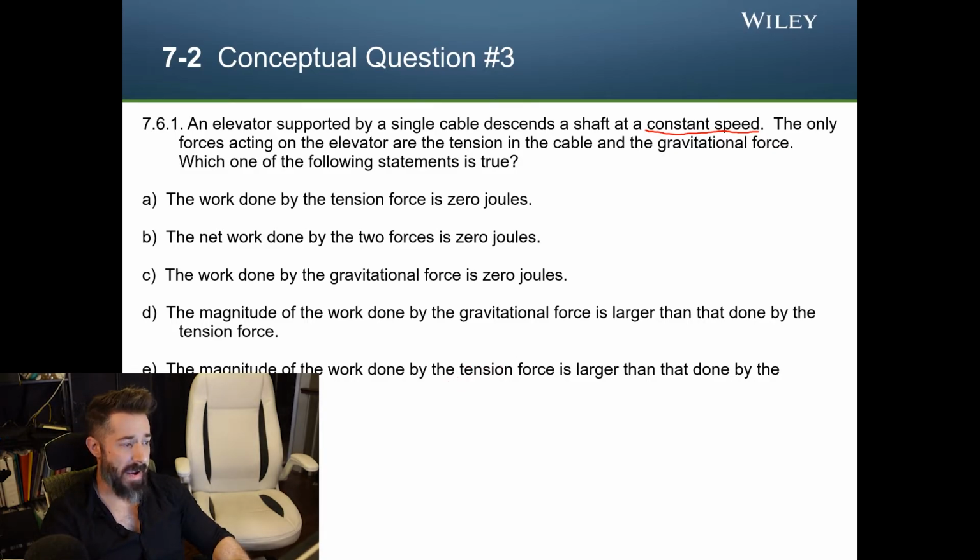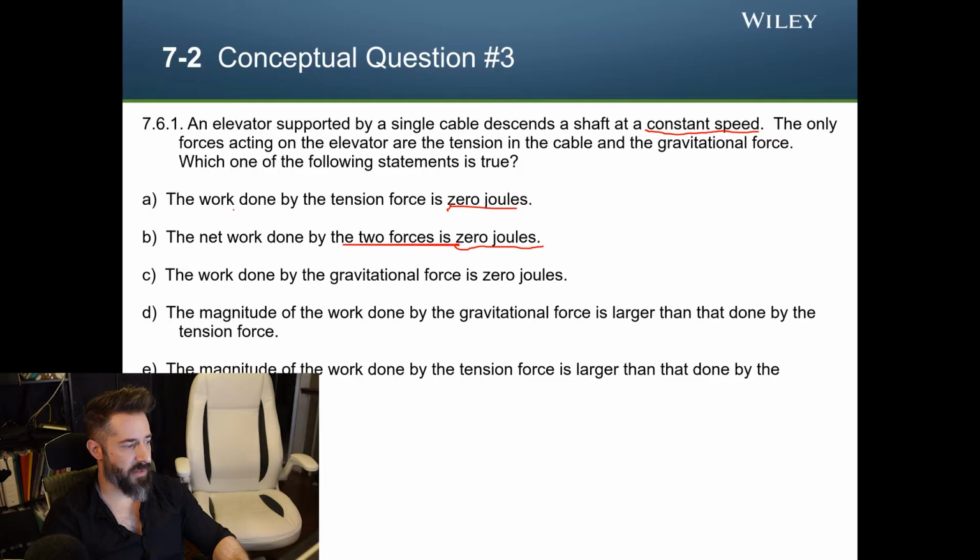So the only forces acting on the elevator are the tension in the cable and the gravitational force. Tension pulling up, gravitational pulling down. It's not accelerating, therefore they must equal each other, right? So it has to be 0 joules.